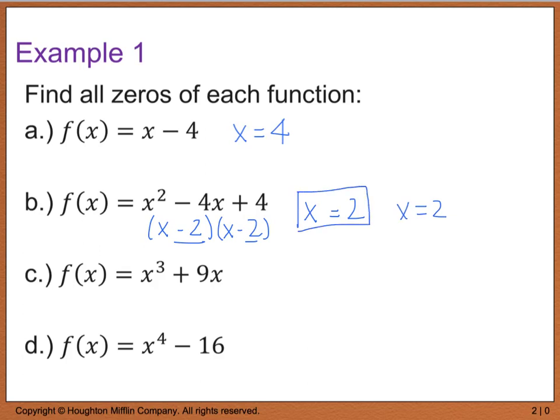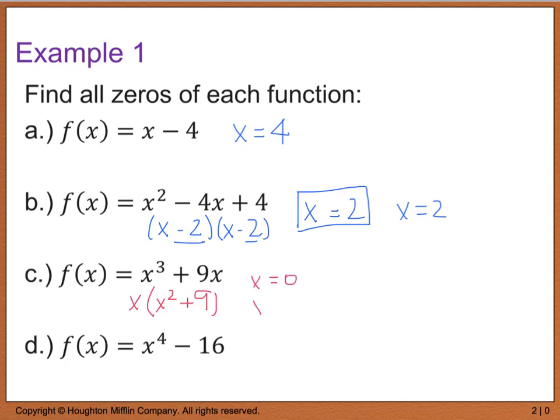For part C, we have f of x equals x cubed plus 9x. And if we wanted to, we can go ahead and factor this. So we're left with x times x squared plus 9. So to find my zeros, we end up with x equals 0.